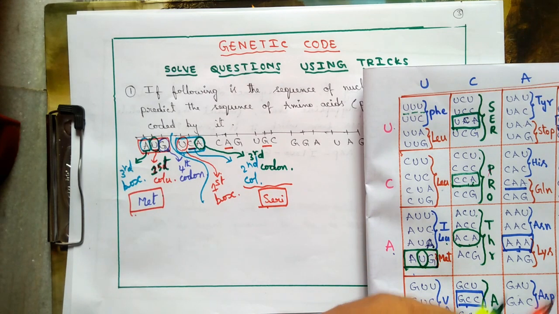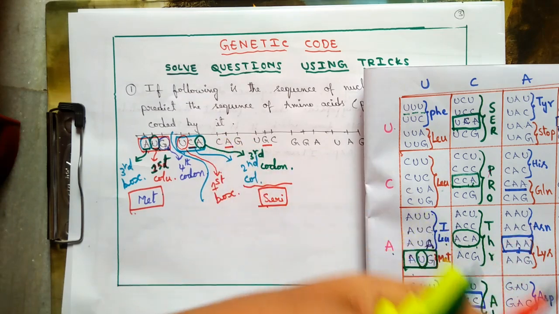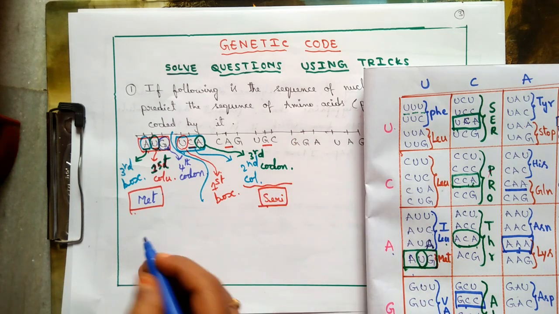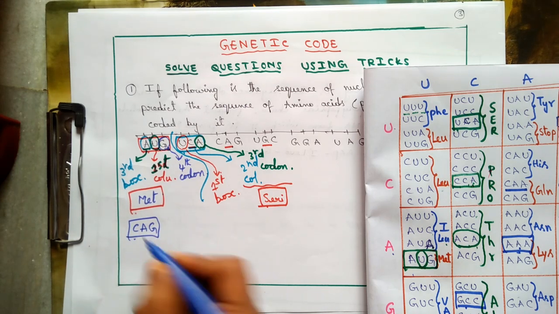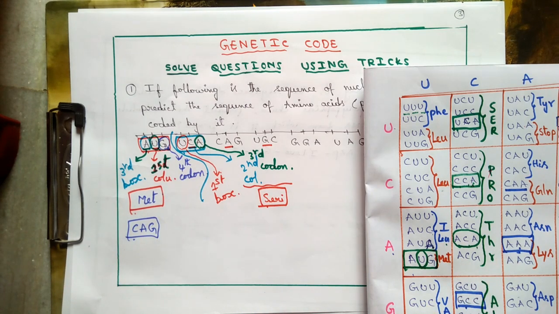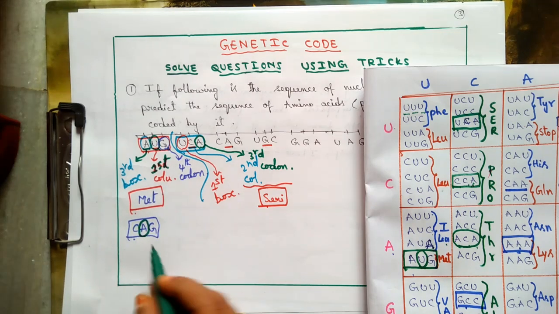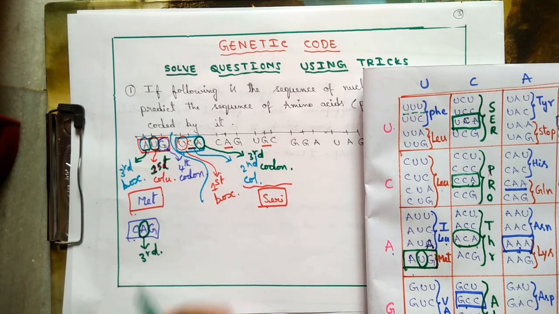Now coming to the third one, that is CAG. Now let's translate CAG. Observe the second base, the center base of the triplet codon. It is A, na? So it is present in the third column.